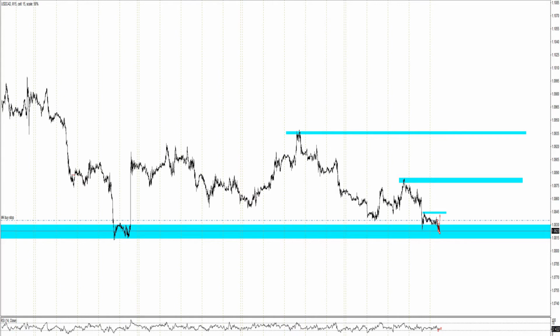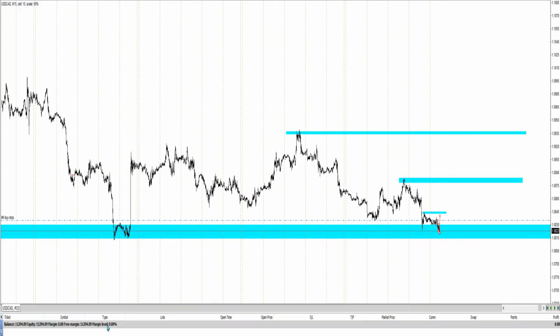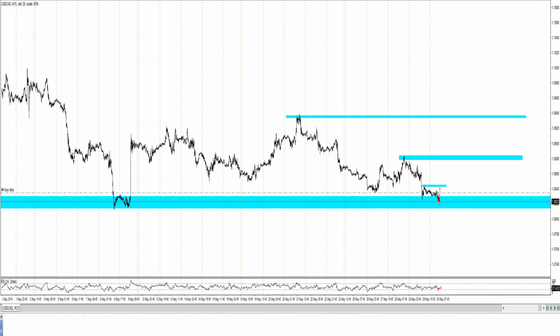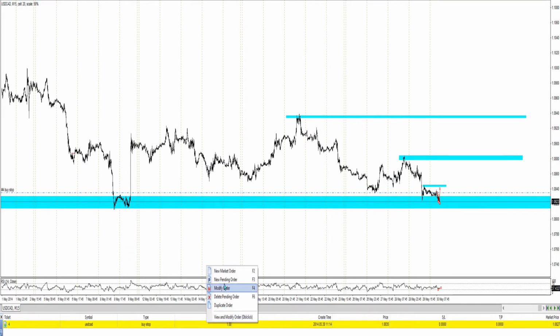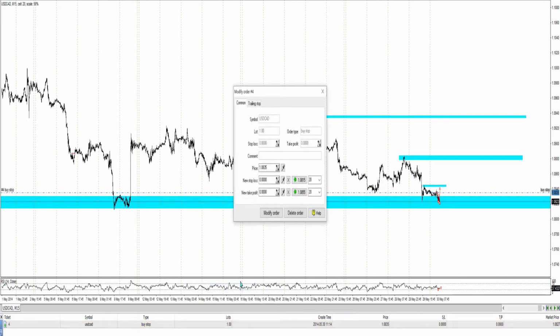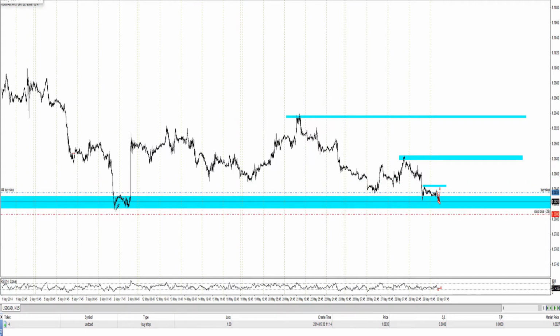So I'm going to look at the terminal quickly and modify this order, because we don't have a stop loss in there yet. I'm going to base my stop loss on this level here. It's about 25 to 30 pips below that area where we're looking at our stop losses.